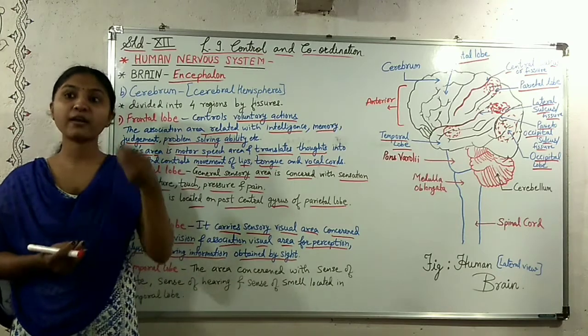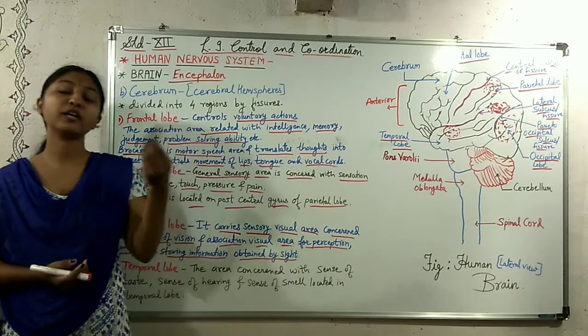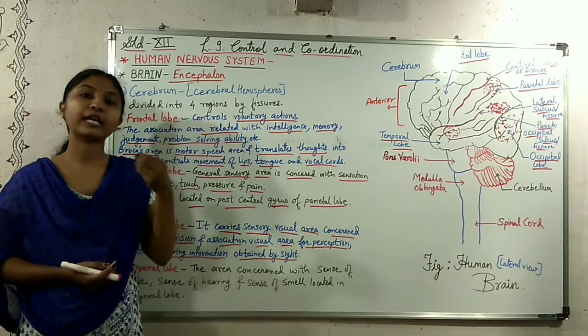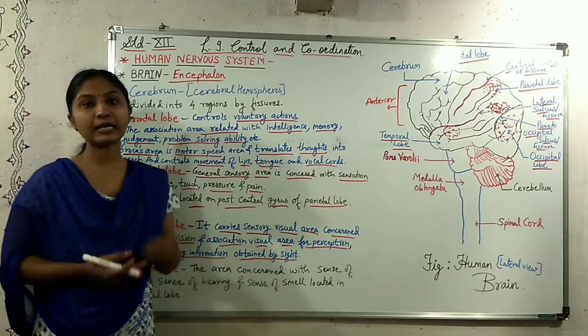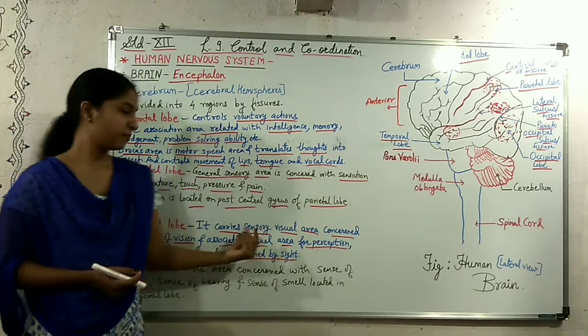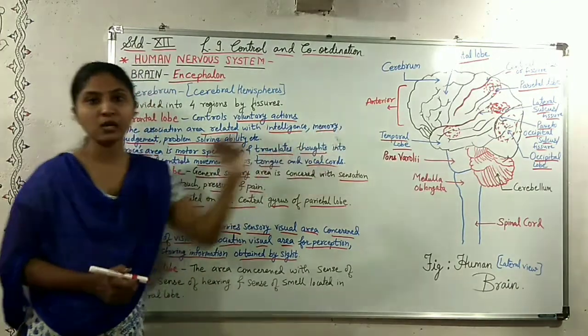Whatever things we are able to see with our eyes, that information is taken to the brain, stored there and analyzed by the sensory visual area which is present in the occipital lobe.